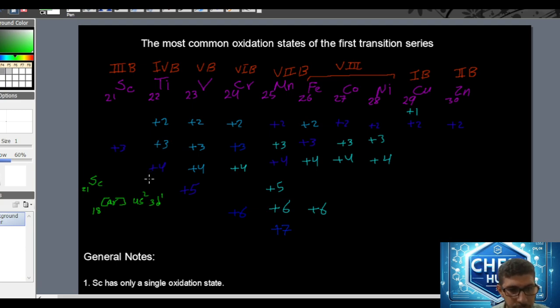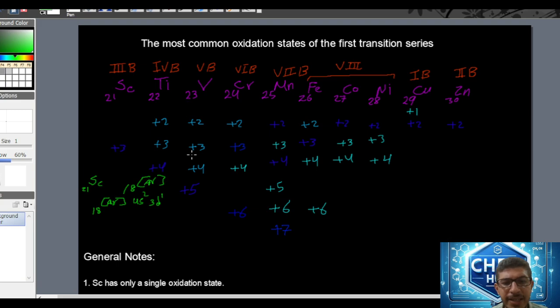Titanium loses the four electrons, two electrons from the 4s and two electrons from the 3d, giving me a stable oxidation state of positive 4, and the electronic configuration is similar to the nearest noble gas, which is argon.